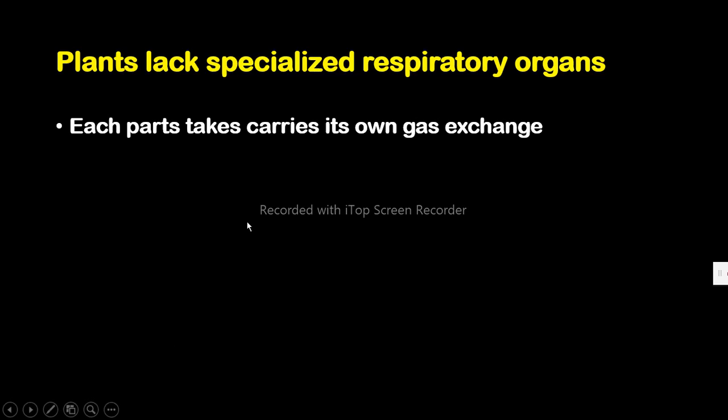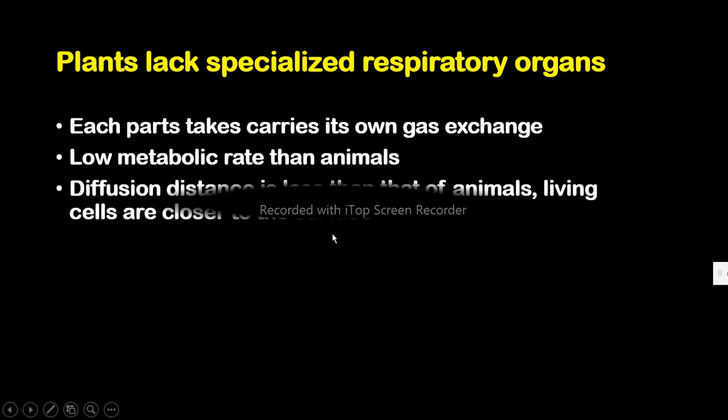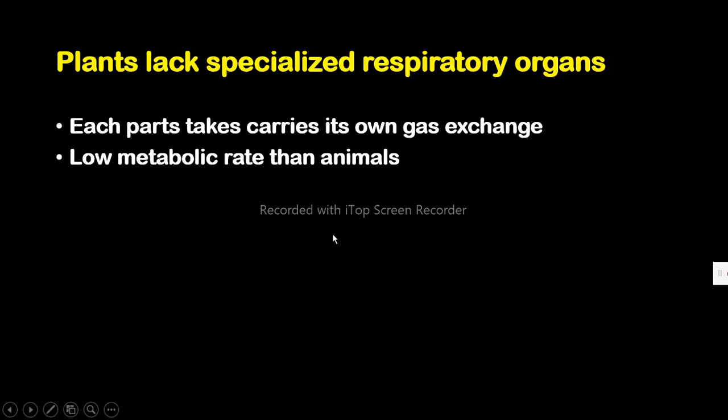Number two, plants are not as active as you are. They have a low metabolic rate. So you don't need to supply oxygen in a robust way. You don't need to supply too much of it.